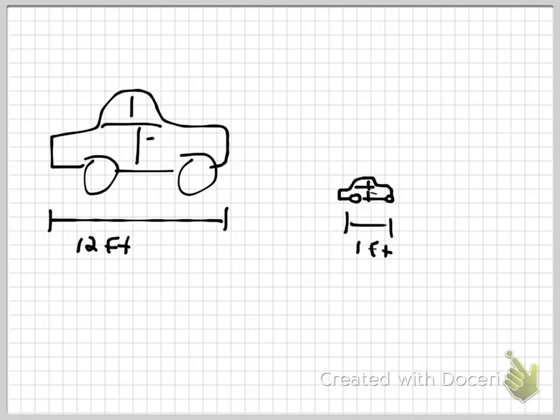Okay. Here's what you would say: the scale of the car to the model is 12 to 1. Does that make sense? Your model car is not 1/12 the size, but it's a 12 to 1 ratio. The scale is 12 to 1.